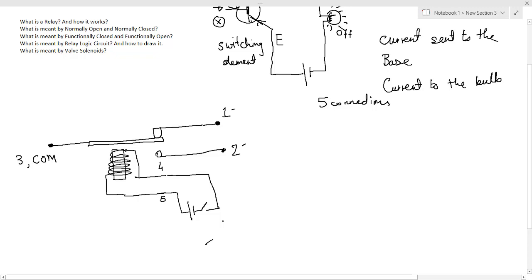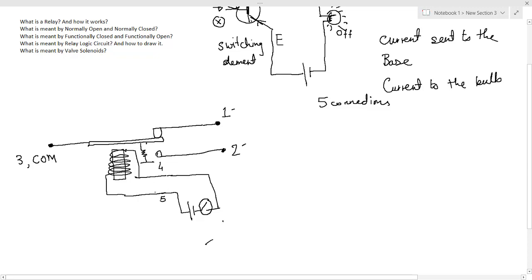When this switch is open, there is no current flowing through the solenoid. And just one more thing, extremely sorry, over here there is also a spring.